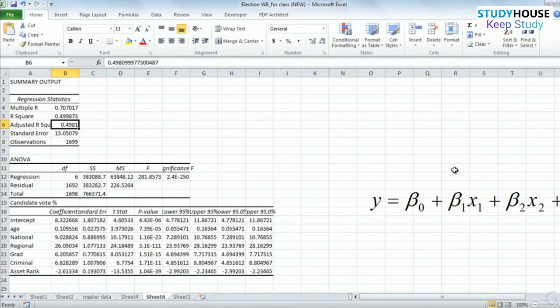Now let's look at these coefficients. Now that we know it's a reasonably good predictive equation, the next thing is, are all these variables playing a role, or is it that some of the variables have no role to play in the regression? Supposing there were some variables which have no role to play in the equation, then we should drop those variables from the regression. So what do we have here? Age, does it play a role? To find out whether age plays a role or not, we look at the t-statistics.